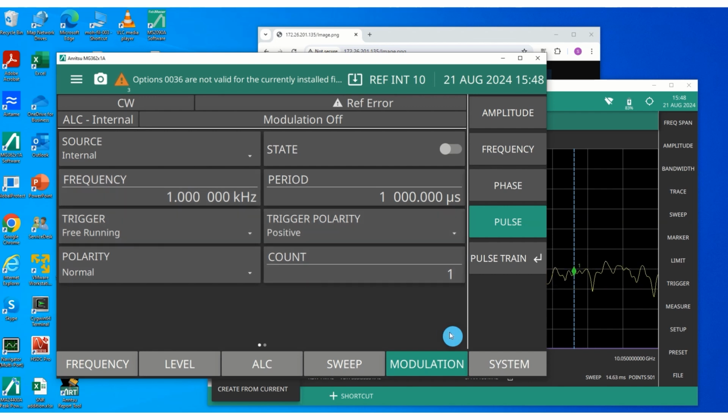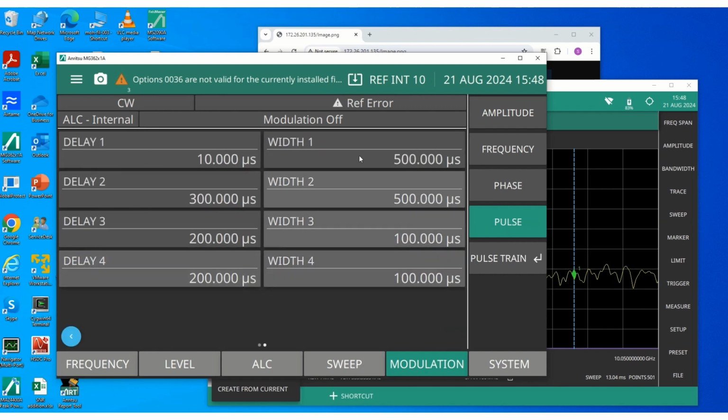And then we will set the pulse width. When there is only one pulse, the delay does not matter. It will always start at the start of the pulse. The delay will be essentially 0, so this setting does not matter.